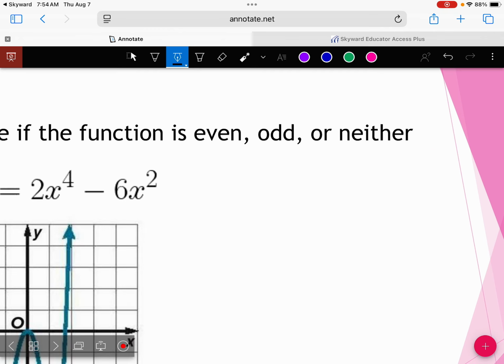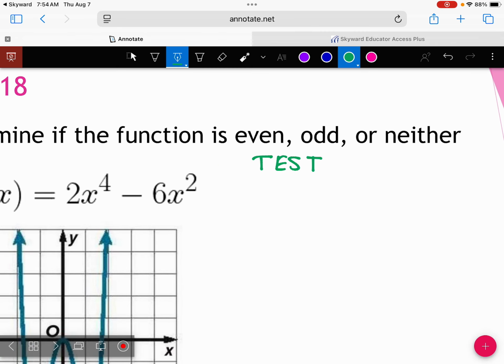So to test, we're going to take our 2 times our minus x. That's the piece we're substituting into the fourth, minus 6 times our minus x squared.